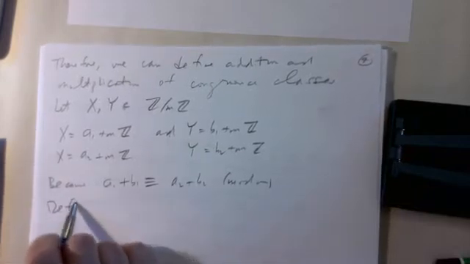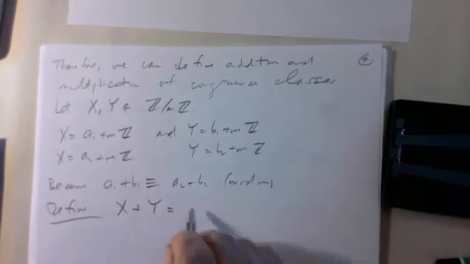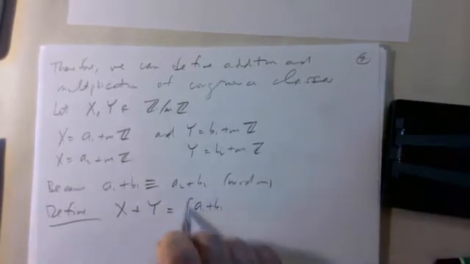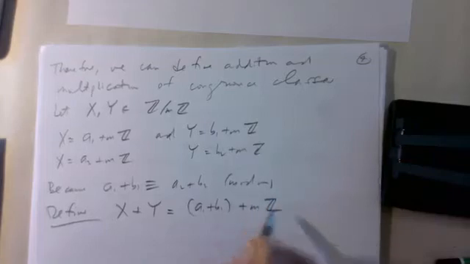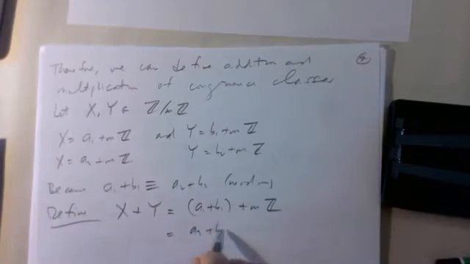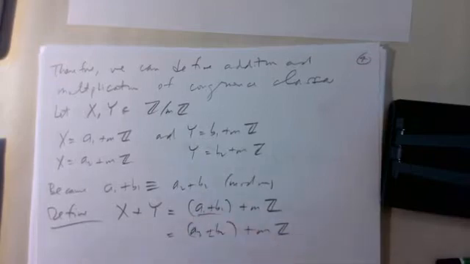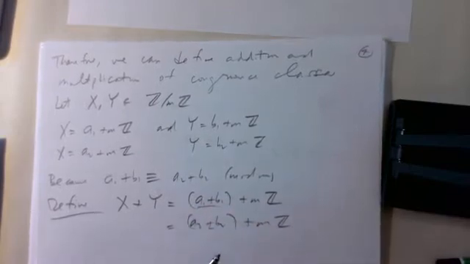We can define the sum of the congruence classes to be the congruence class of A1 plus B1 plus mZ. And that's unambiguous because this is the same as the congruence class A2 plus B2 plus mZ, because these two numbers are congruent, so they lie in the same congruence class.